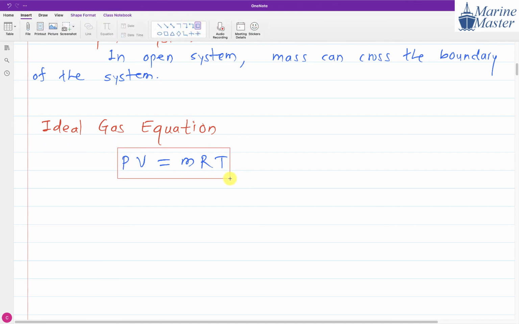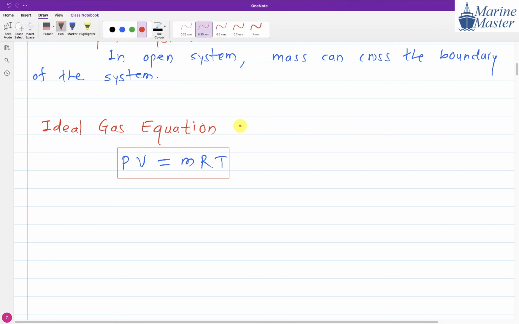PV is equal to mRT. Another name for the ideal gas equation is the perfect gas equation. Sometimes we will call it the perfect gas equation. So ideal gas equation or perfect gas equation is PV is equal to mRT. Now what is the meaning of each and every term?